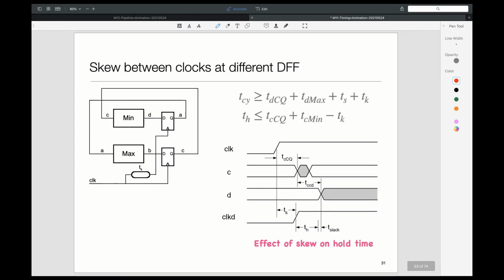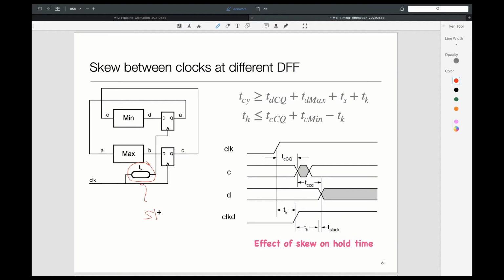Skew refers to the clock reaching one flip-flop a little bit after it reaches another flip-flop. If you have a design with hundreds of thousands, they may just reach different flip-flops at different times. So that's what we have tried to show here: it's the same circuit as we had before, except we have modeled the skew as this.